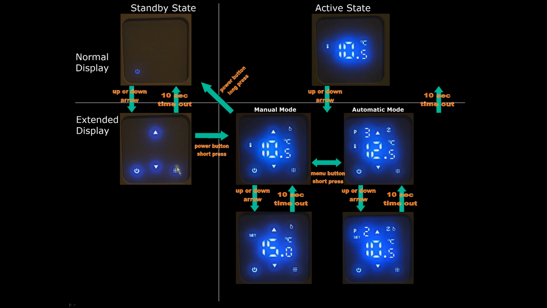The menu button, if we do a long press of the menu button when we're in the standby state, that allows us to access these advanced options that we spoke briefly about.